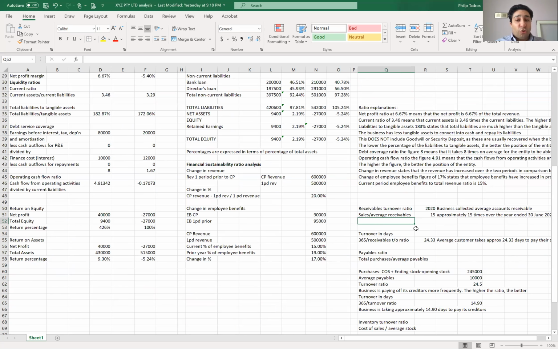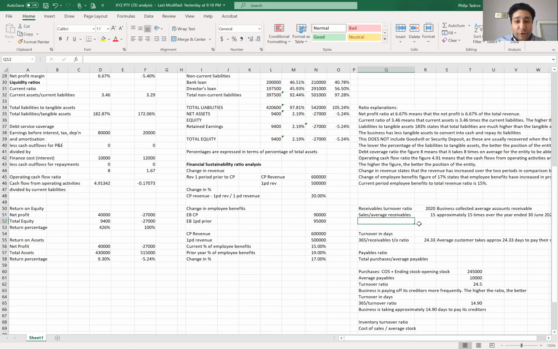So this is good if your business deals with a lot of receivables and payables and has a lot of stock. We want to know how long it takes for the business to collect its debts, how long it takes for the business to pay its debts, and how long it takes for the business to sell and replace its inventory.